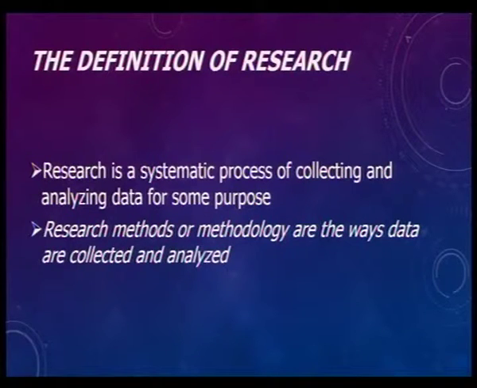And also research method or methodology are the ways data are collected and analyzed. So it's a system. Research is about a system. So you have to go out there, get the information, analyze the information, for some purposes.